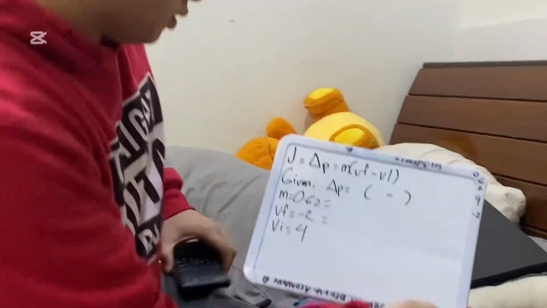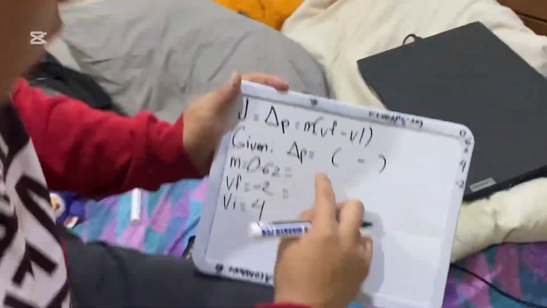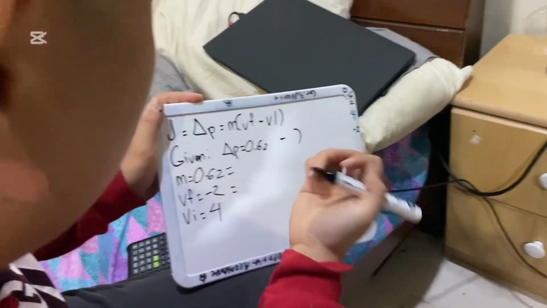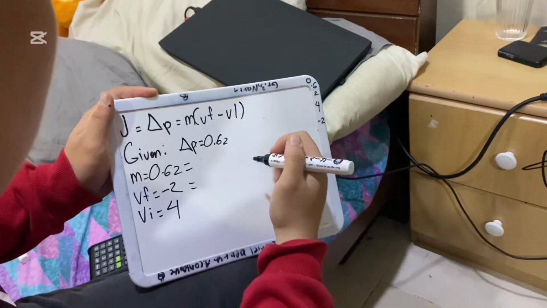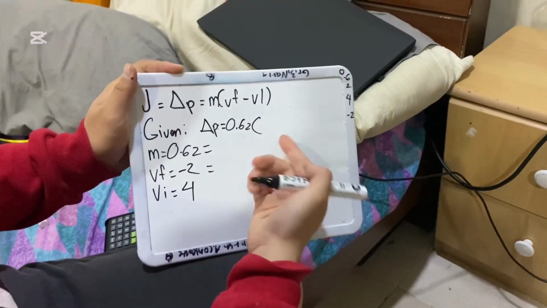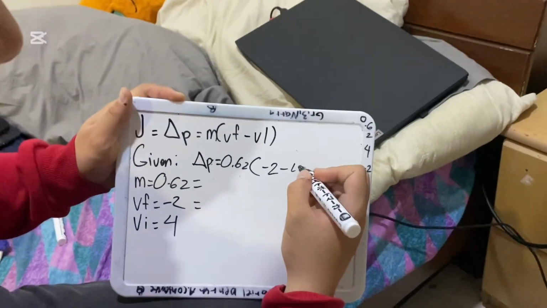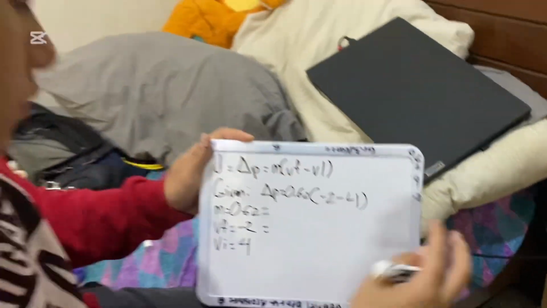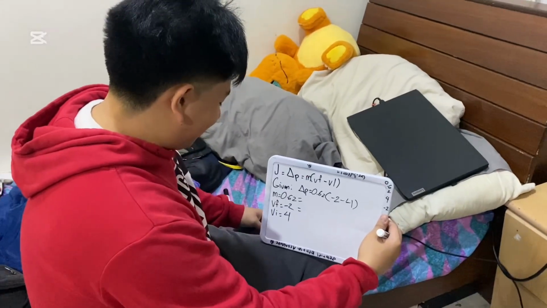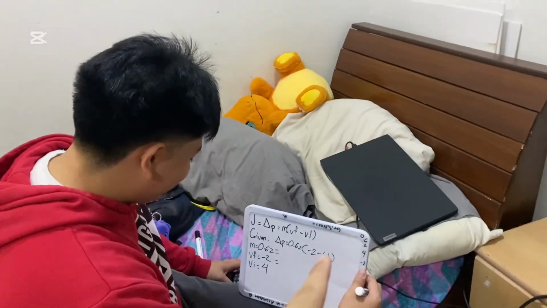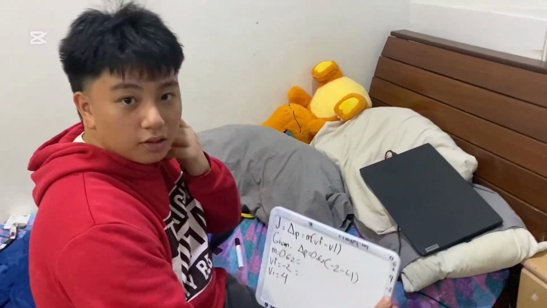So we'll write here. The mass is 0.62 kg, and for the quantity, it is -2 minus 4. Why is it minus 4, if you don't mind me asking?